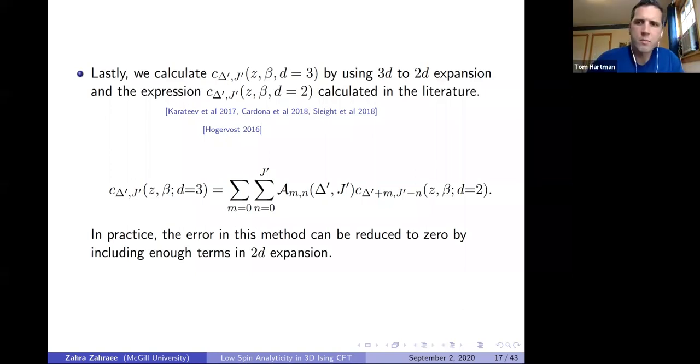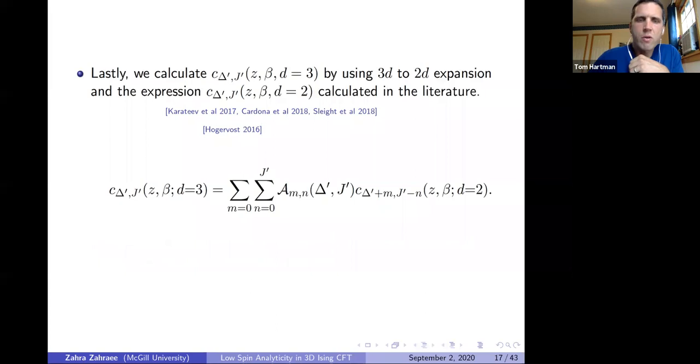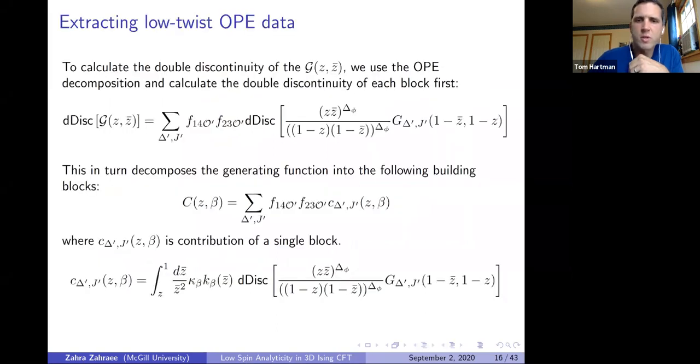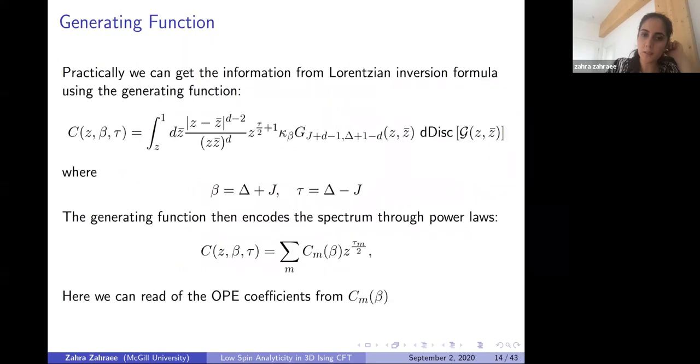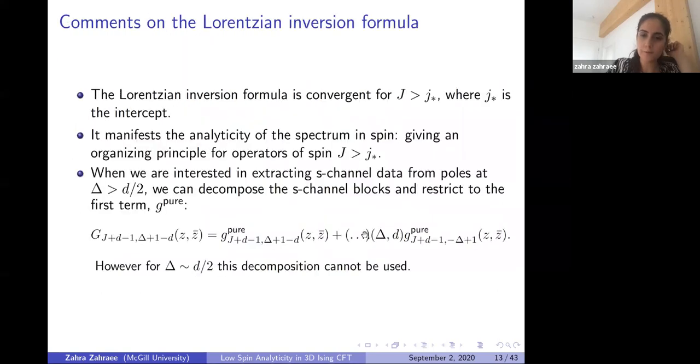So when you approximated the kernel as G pure, is that throwing away the non-perturbative and 1/spin information? No, it's just the other term, which has the other dependence on J and delta, is just to make sure of the shadow symmetry.